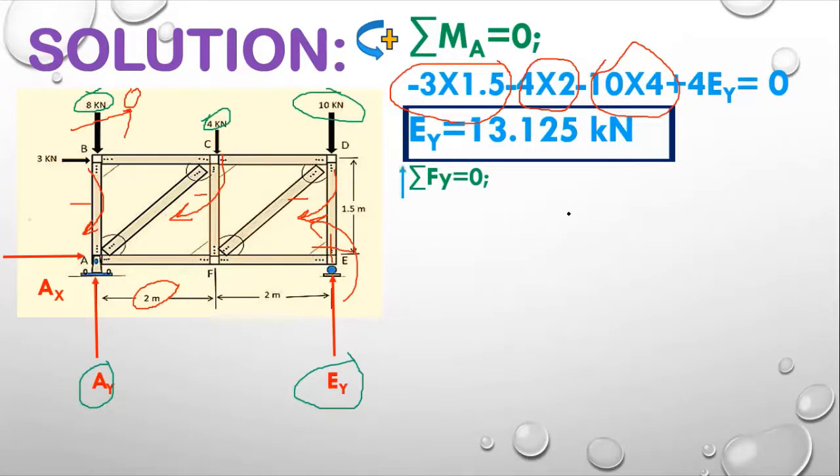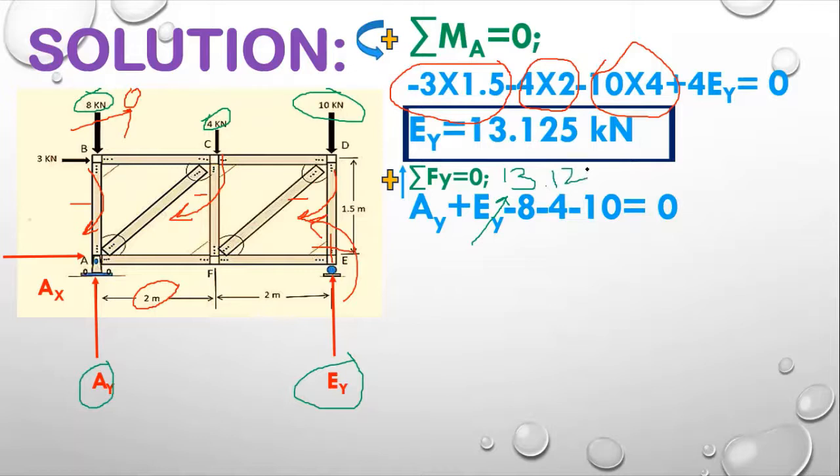So the equation comes AY plus EY minus 8 minus 4 minus 10. There is no other vertical force, so we sum up here and then we will get the value of AY. We have to put the value of EY here, which is 13.125, as we have already calculated.